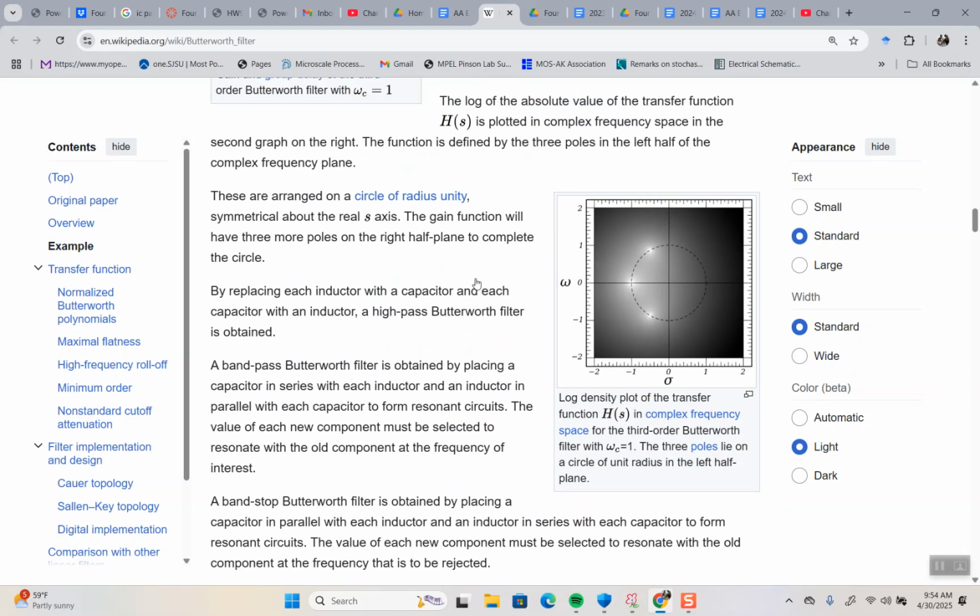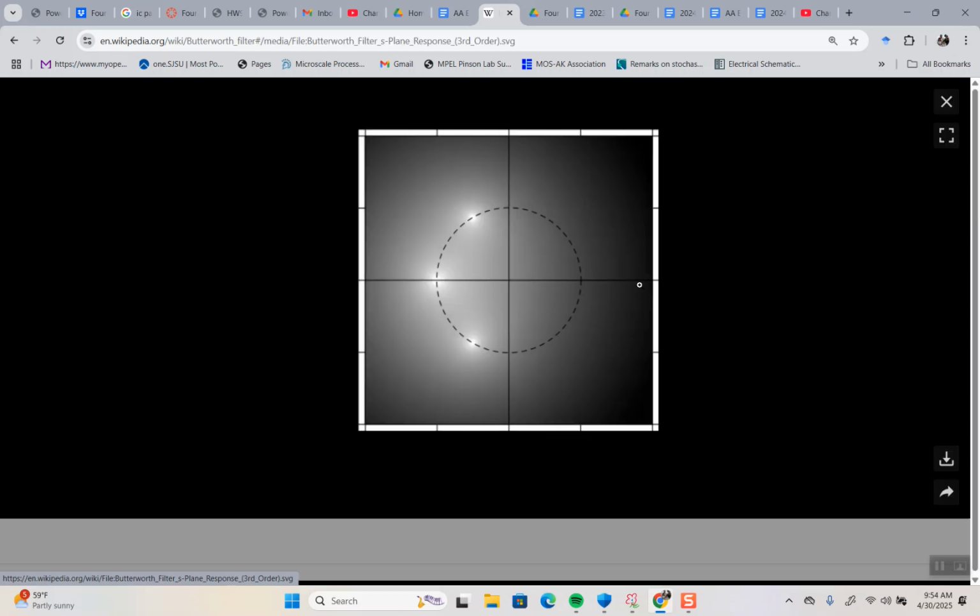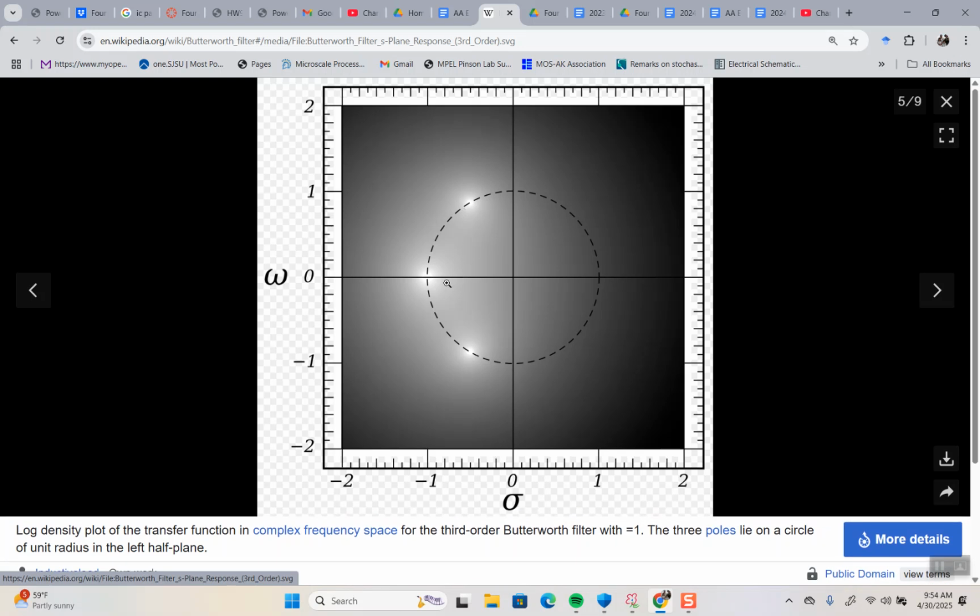Here we go. This is a very interesting plot: an analog plot of the complex and real planes, and these white parts are the poles.